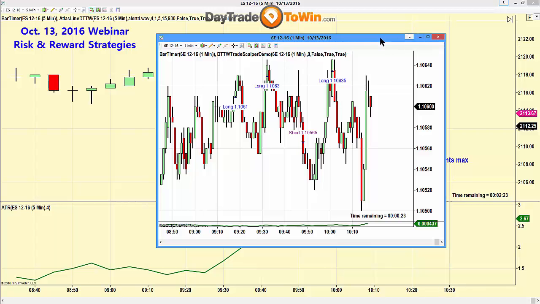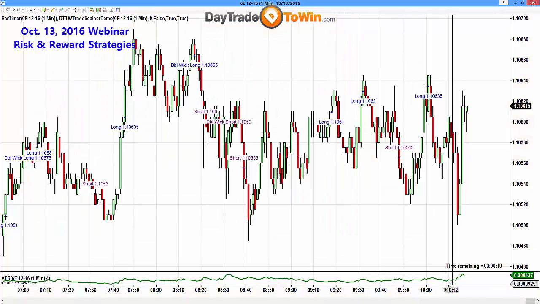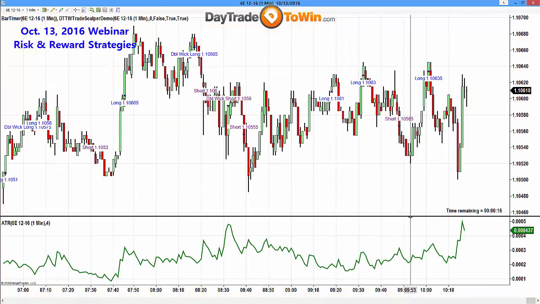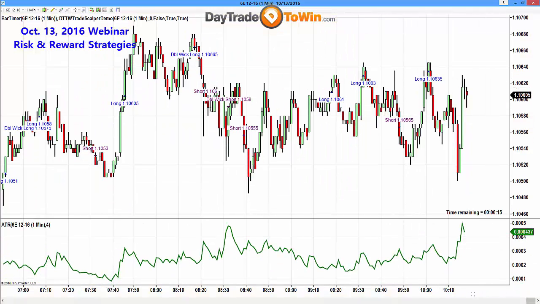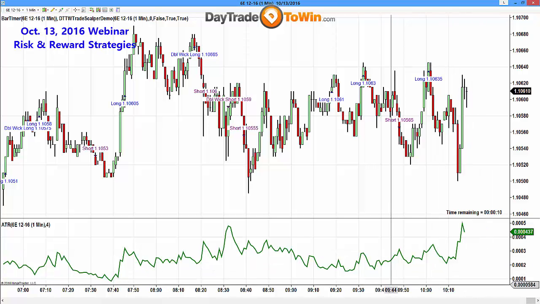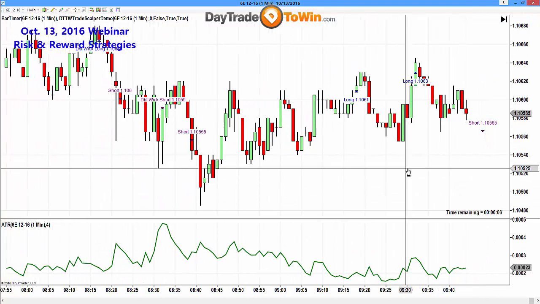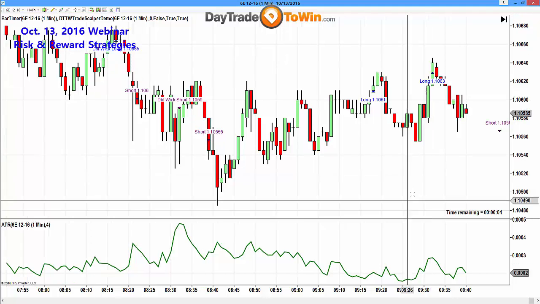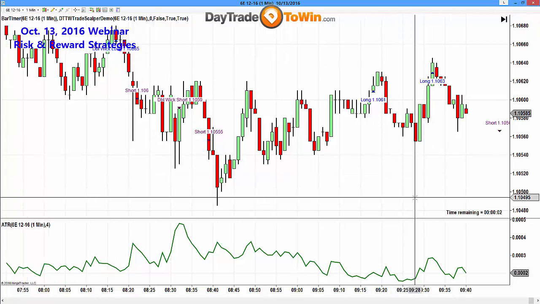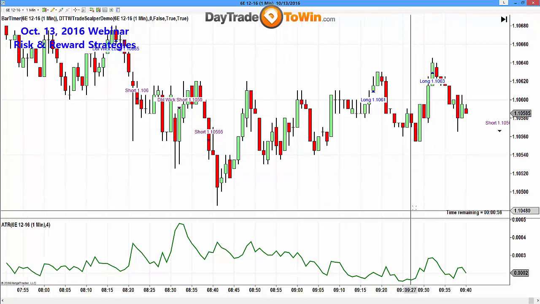Okay, so here is a euro currency. So what happens, and I have the ATR here. This is the trade scalper method, by the way. So let's talk a little bit about risk when you're looking at scalping. If you look at the first 5 minutes of the day or the session, usually you can consider, whether it's the E-mini, the euro, or a stock, you can consider it to be higher than normal volatility.